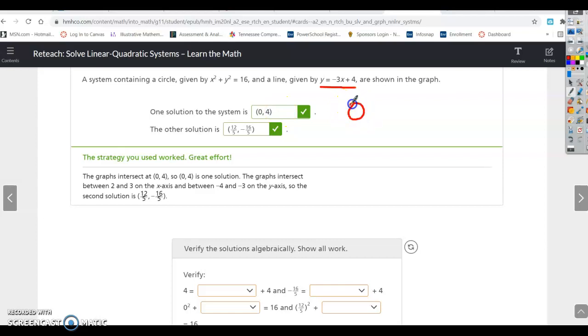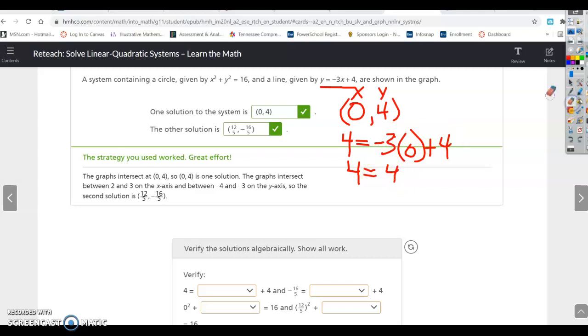Does 0, 4 work for this equation? This is our x, this is our y, so y is 4. Does 4 equal negative 3 times 0 plus 4? 4 equals 0 plus 4, so yes, that works.